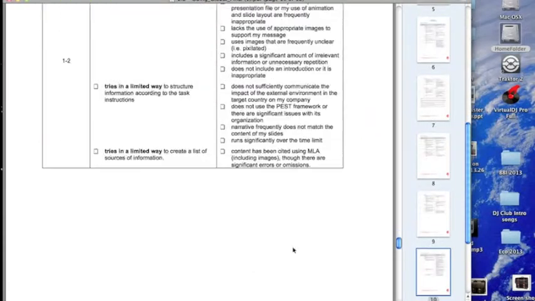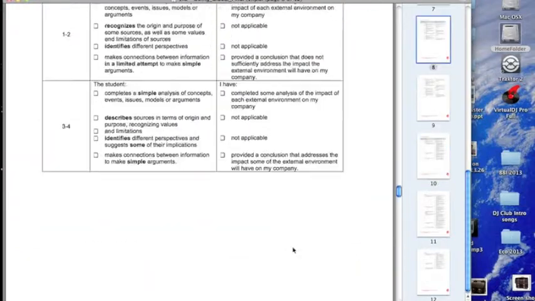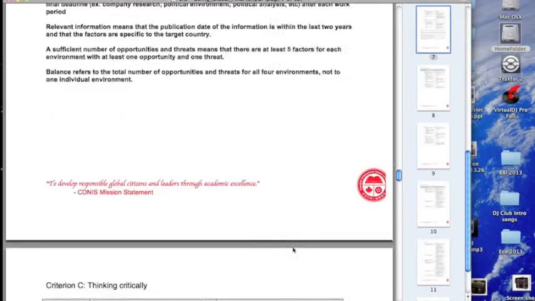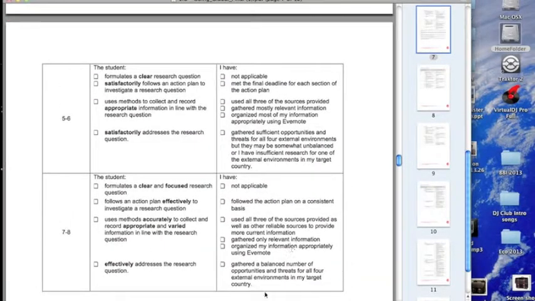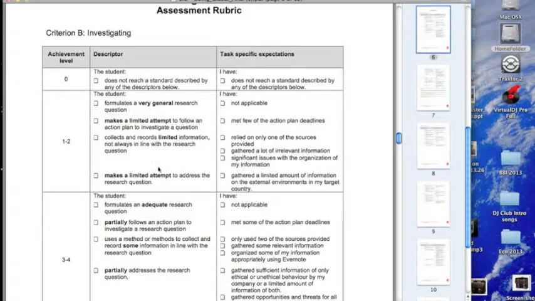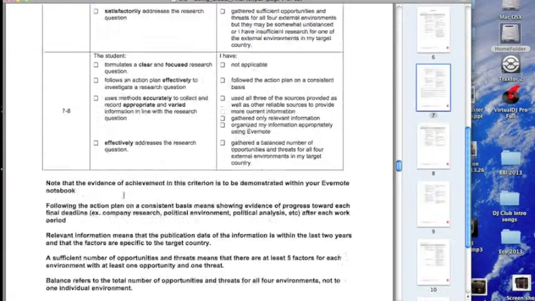We are going to have an individual component, mainly concerning criterion B and criterion C. The individual component will look at your research, your investigating, and whether you're critically thinking and evaluating whether this is a good country to operate in, and that's how you conduct your PEST analysis.